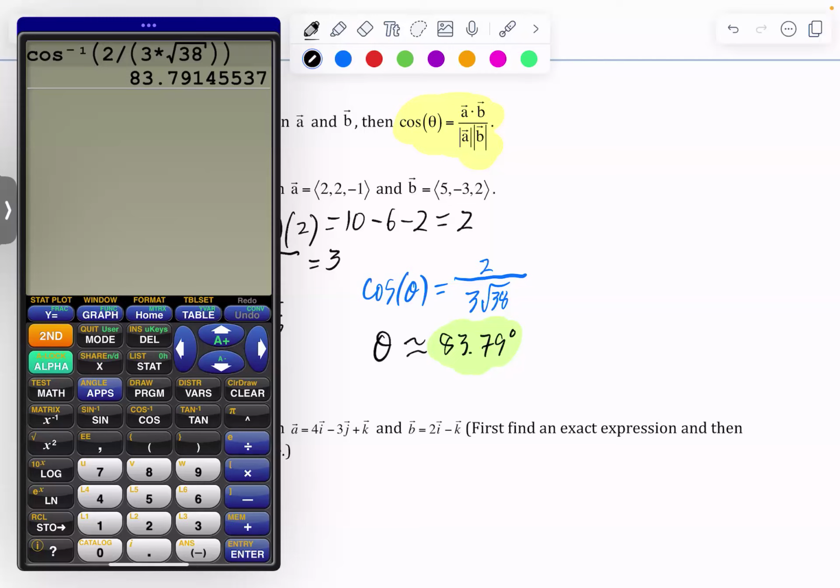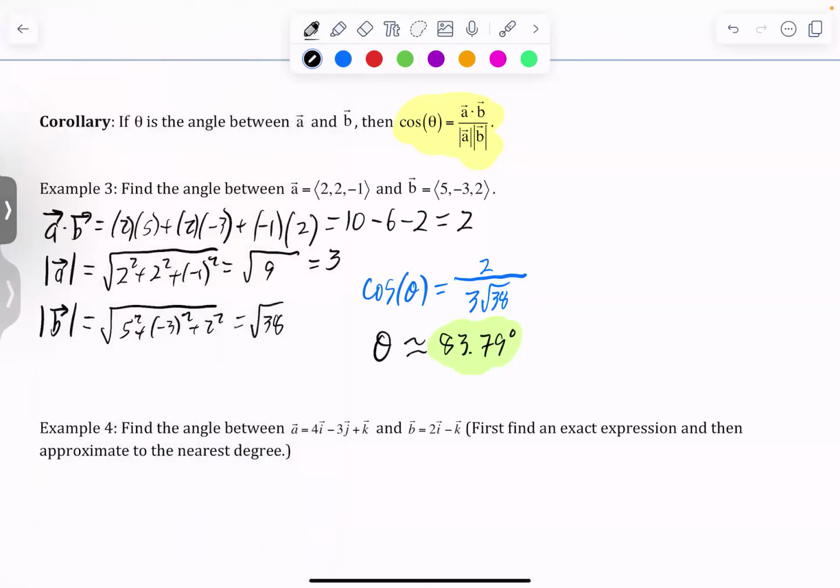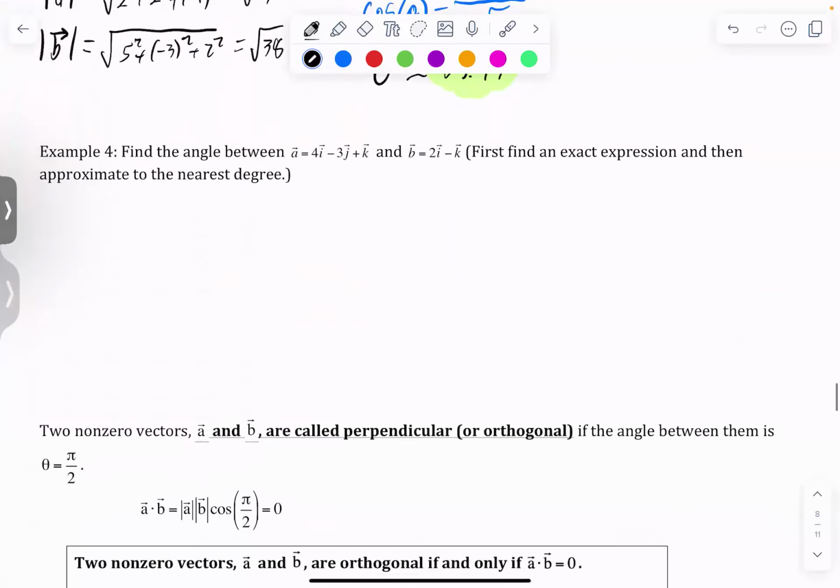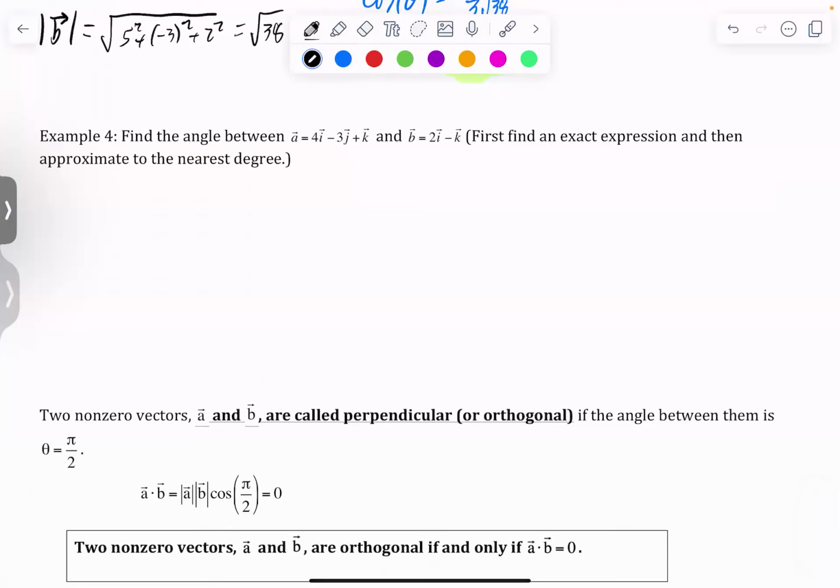All right, let's keep going and find the angle between two more. So I'm going to need to find A dot B. So that's going to be 4 times 2. Notice the J term, vector J, is missing in vector B. So this gives me -3 times 0, and then 1 times -1.